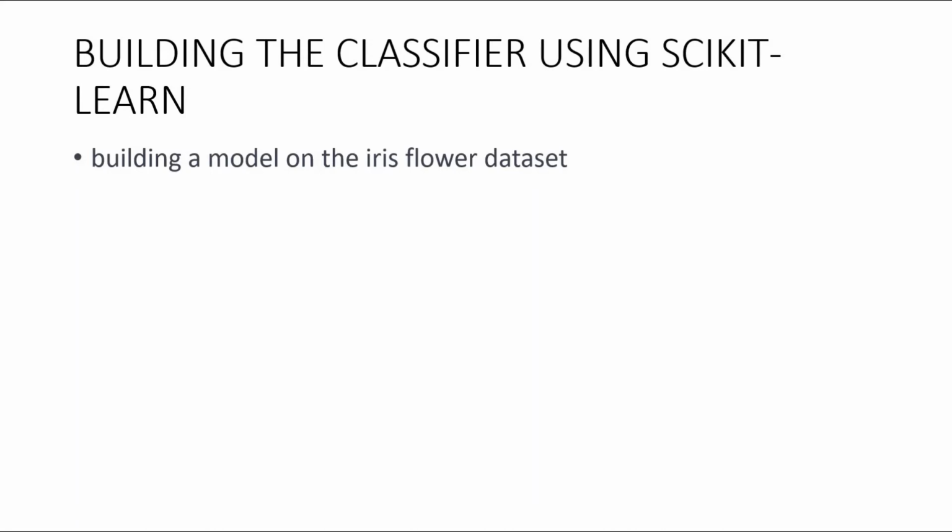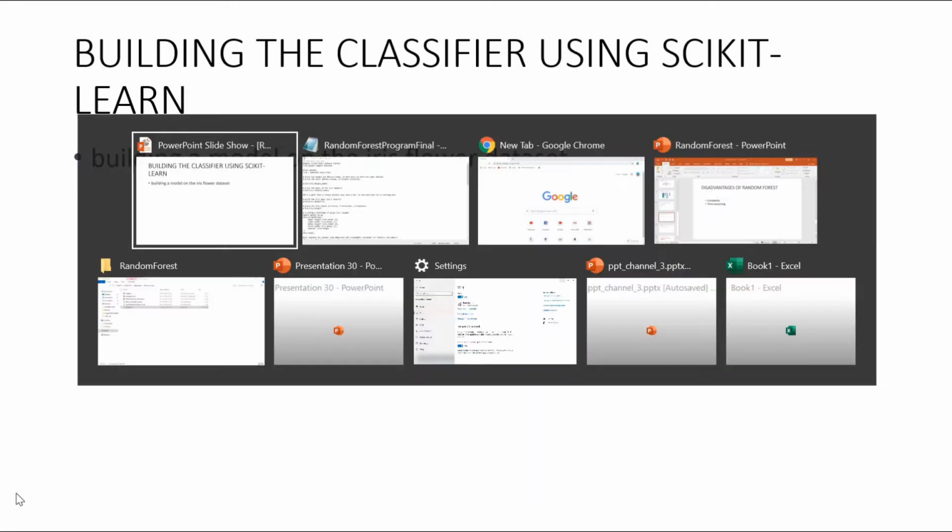There are 3 species or classes: Setosa, versicolor, and Virginica. You will build a model to classify the type of flower. The dataset is available in the scikit learn library, or you can download it from the UCI machine learning repository. Fine, let's build that model.